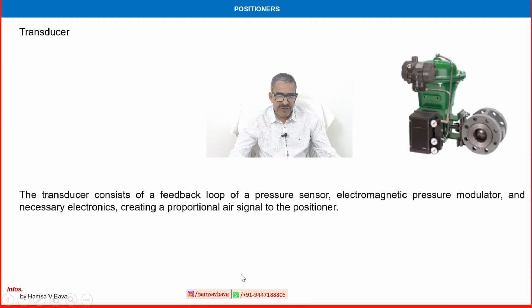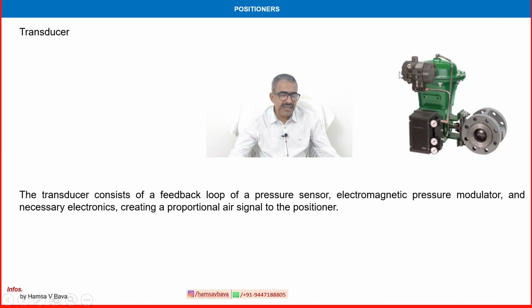For the transducer we will quickly provide some information, and details are coming in later sessions. The transducer consists of a feedback loop. This is a transducer, commonly called an I2P converter. In a P&ID it will be written as I/P. It has a feedback loop of a pressure sensor and an electromagnetic pressure modulator, creating a proportional air signal to the positioner.